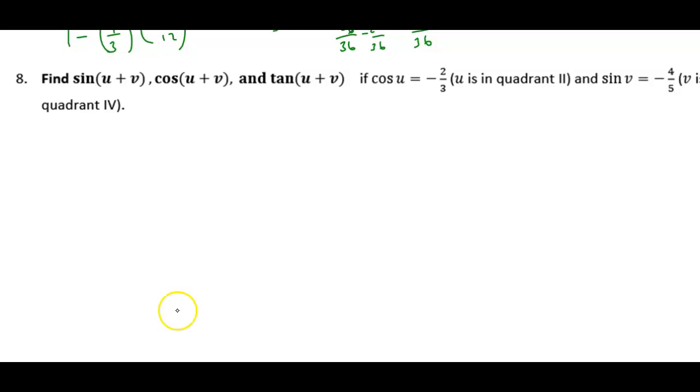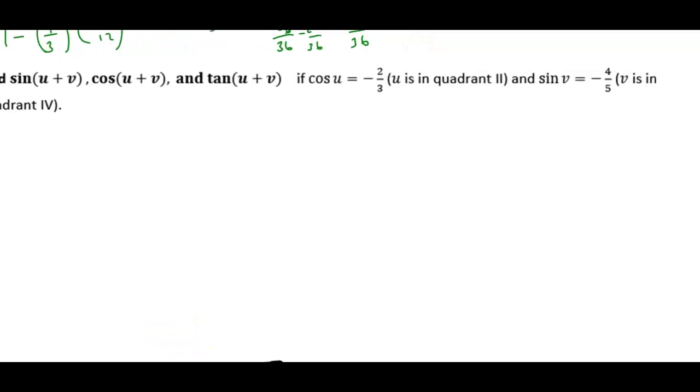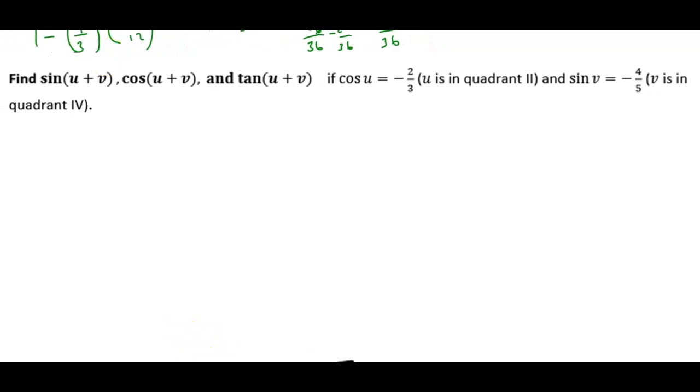All right, right here, same difference. This one's in quadrant 2. So u is in quadrant 2, so cosine is negative 2 over 3.